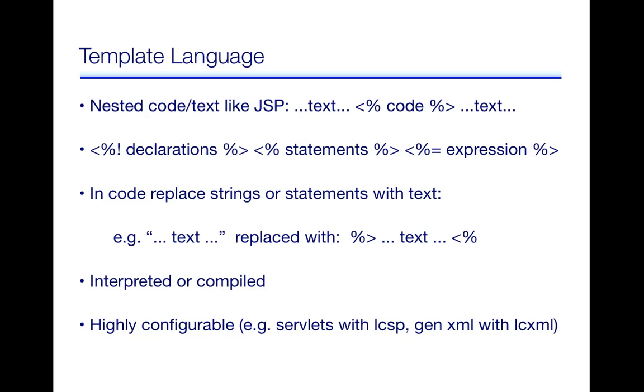Unlike JSP, when you're in a code section, you can break back into a template section wherever you have a string. So you can take any string and you can replace it with %>, followed by an arbitrary text section, then <% to come back into code. So this is kind of like turning JSP inside out.